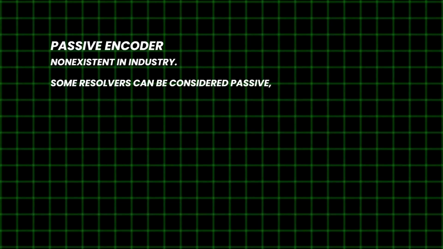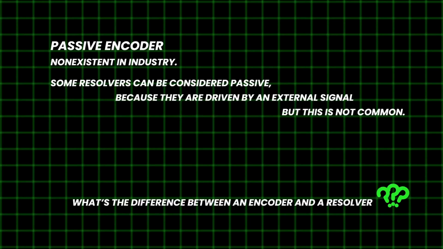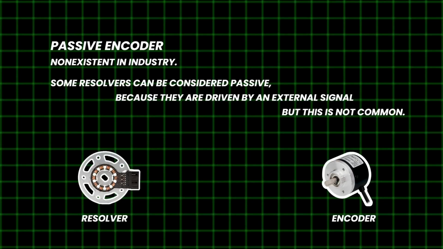Some resolvers can be considered passive, but this is not common because they are driven by an external signal. So what's the difference between an encoder and a resolver? Here you have two images, on the left the resolver and on the right the encoder. The resolver gives you an analog output, and the encoder gives you a digital output.